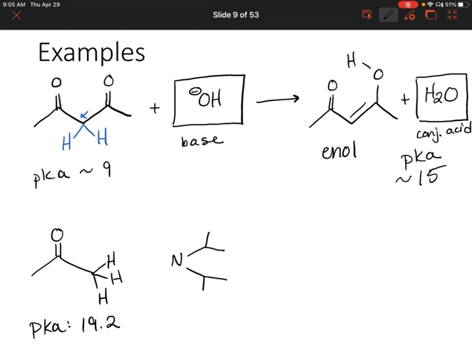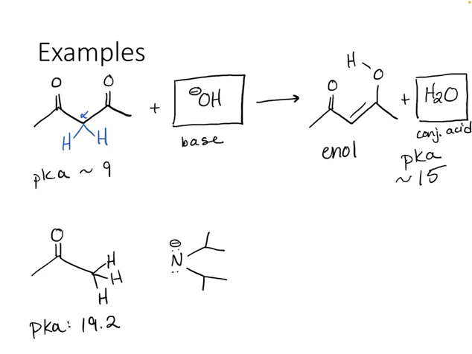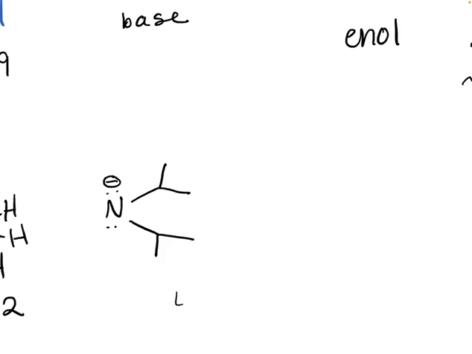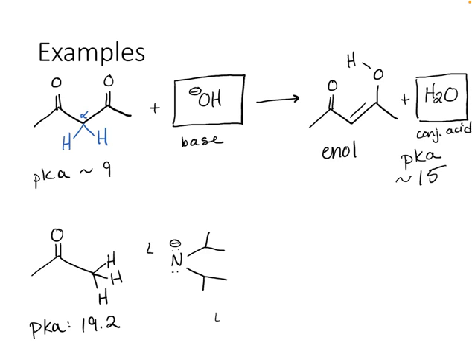Okay, so we've got a nitrogen atom with 2 isopropyl groups, and that nitrogen is negatively charged, and then it's balanced out by a lithium ion.